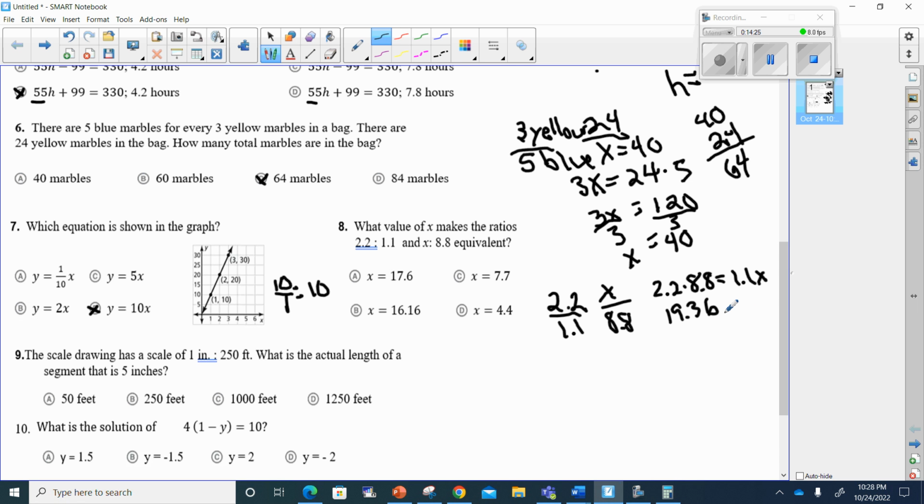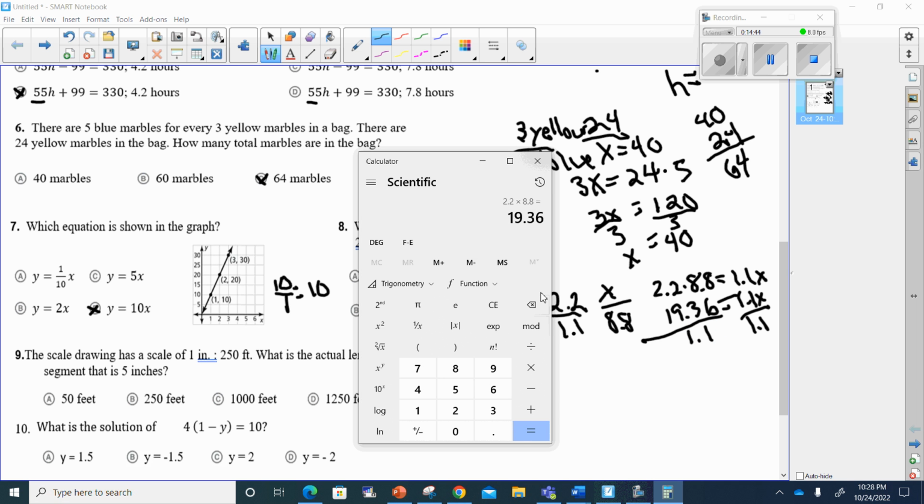All right. Now that I have that, remember, 19.36 is going to be equal to 1.1x. Now I have to divide 1.1 away, which means I divide the other side by 1.1. So I'm going to take that 19.36 and divide it by 1.1.